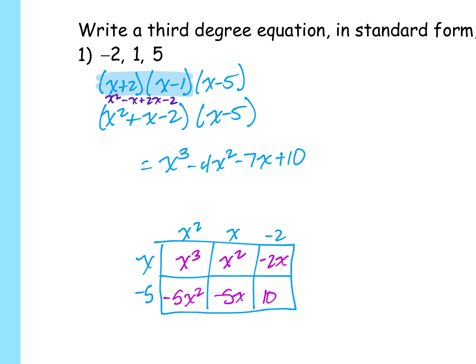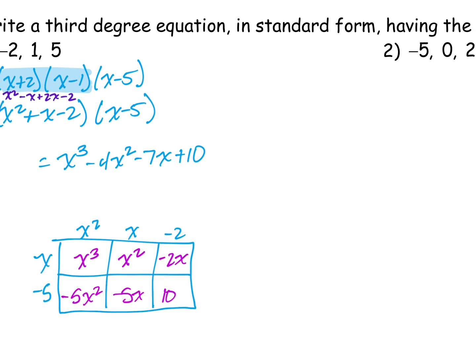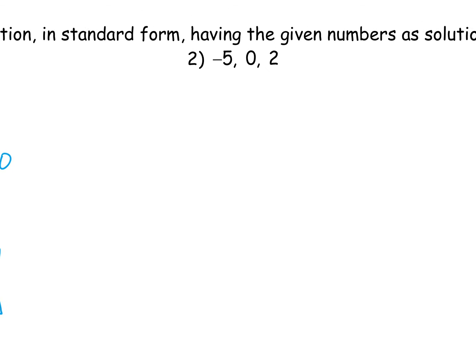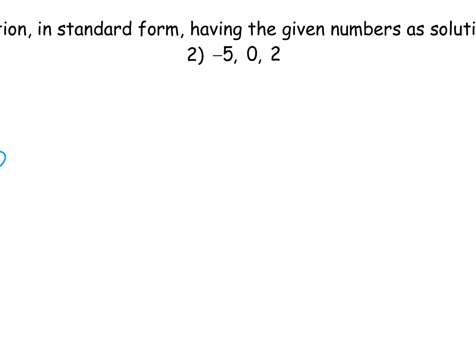Okay? And then I do want to discuss the next one a little bit because one of my answers is 0. So I'm going to write this one out just like we did on the first one, right? X equals negative 5, x equals 0, and x equals 2.